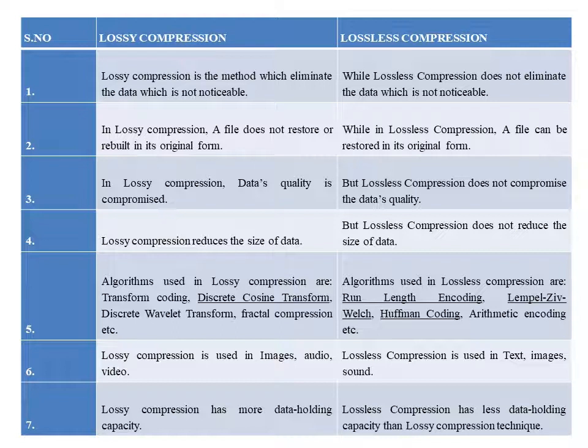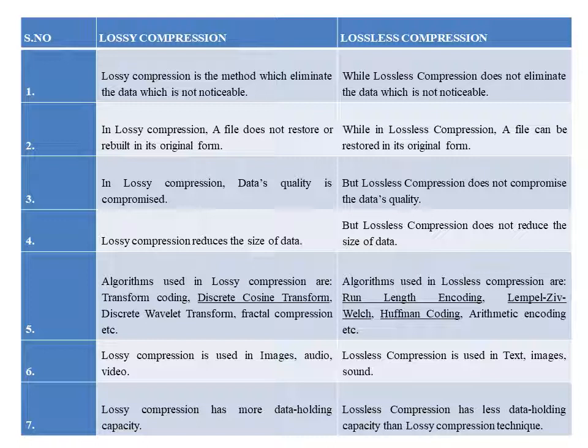Since lossy compression believes in eliminating the data, you cannot restore or rebuild the original data, while that is completely possible in lossless compression, to rebuild or restore the file in its original form. That's why the data quality in lossy compression gets compromised, whereas lossless compression does not compromise the data's quality.